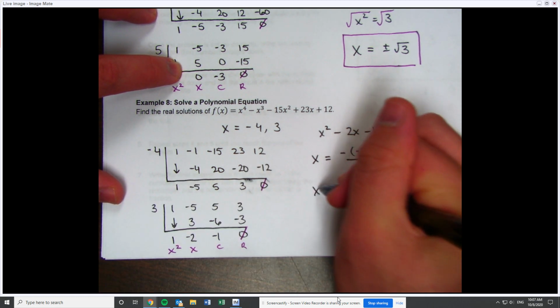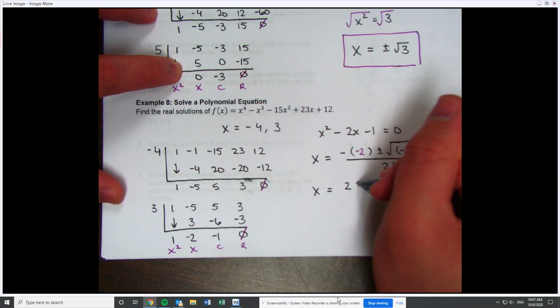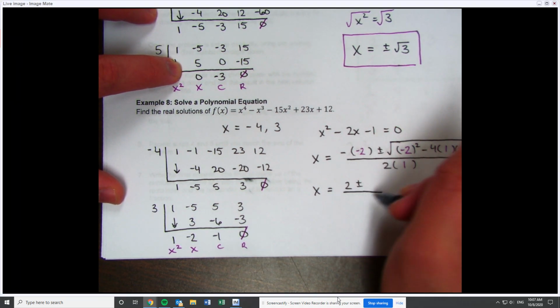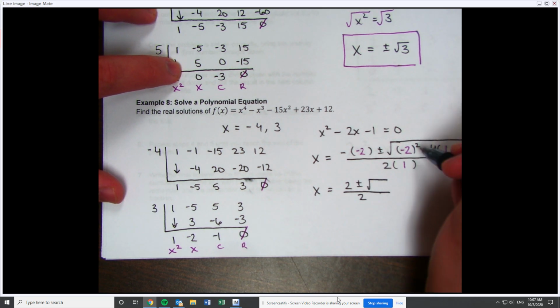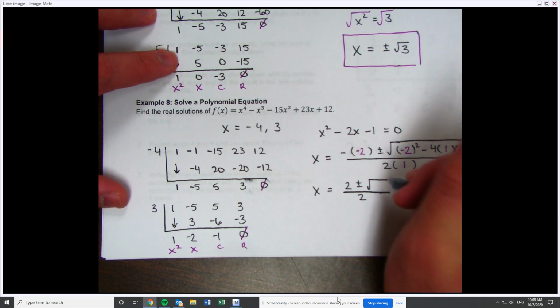So reducing, I have 2 from a negative, plus or minus, divided by 2. And inside the square root, that's going to be 4 plus, right here, that's -4 times -1, so 4 more, so 8. So we wind up getting 8.